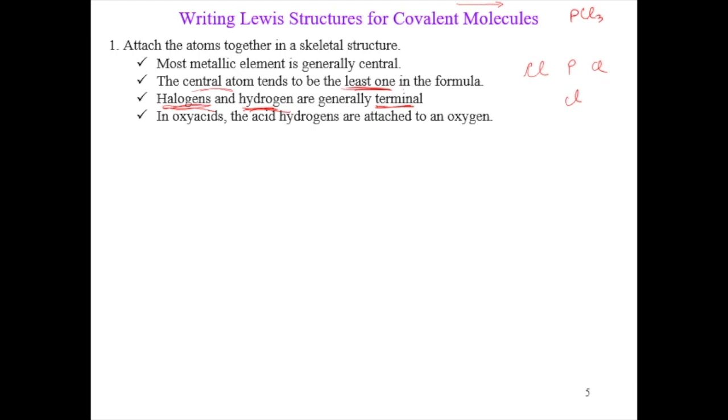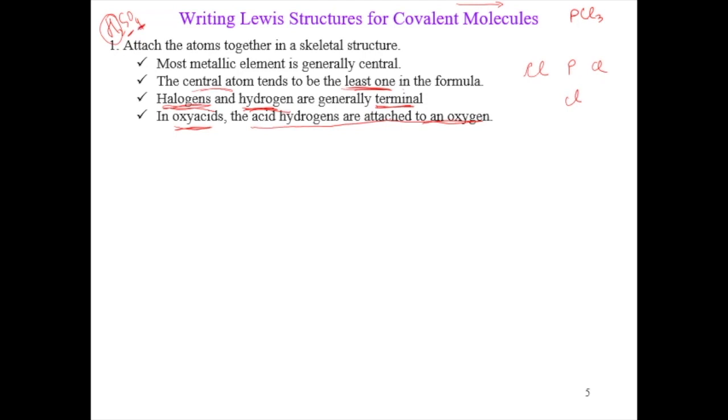Another rule, which you can remember though it doesn't apply to this example, is that in the case of oxyacids, the acid hydrogens are attached to an oxygen. An oxyacid is something like H2SO4. It consists of hydrogen, and the formula starts with hydrogen, followed by one non-metal and oxygen.